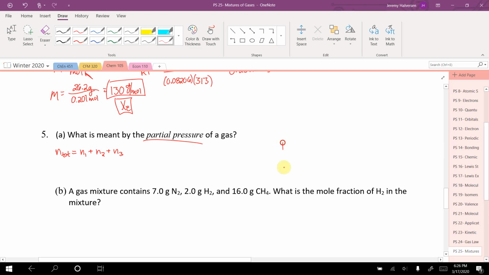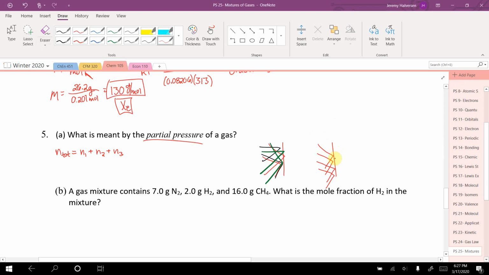If you think about pressure, what is pressure? Pressure is the idea that I have collisions happening with the wall of my container. These are supposed to be gas particles running into a wall. Sorry if that wasn't clear.